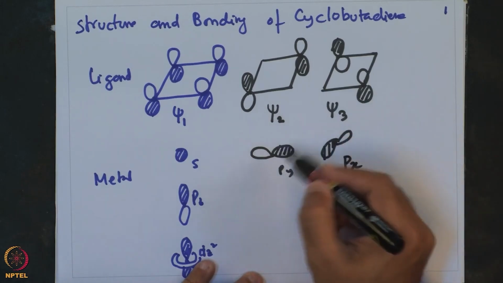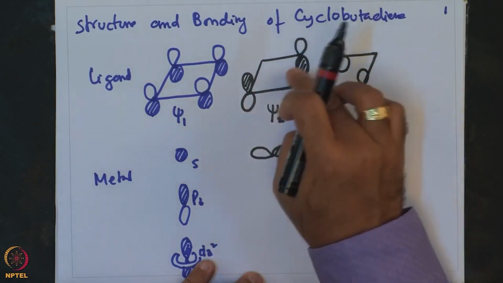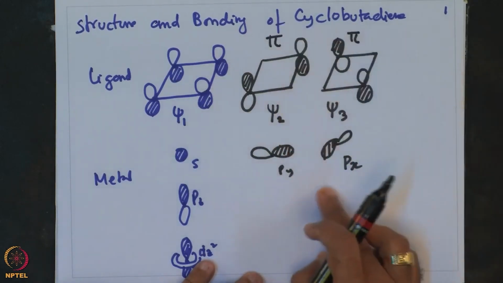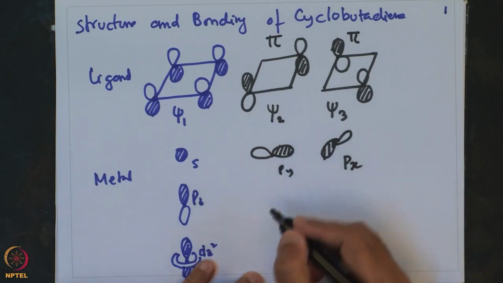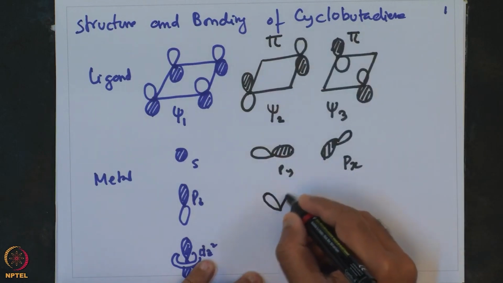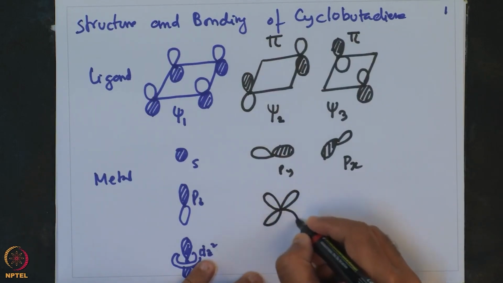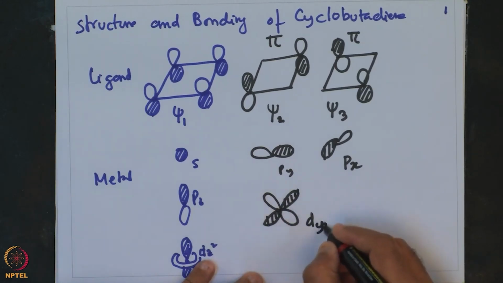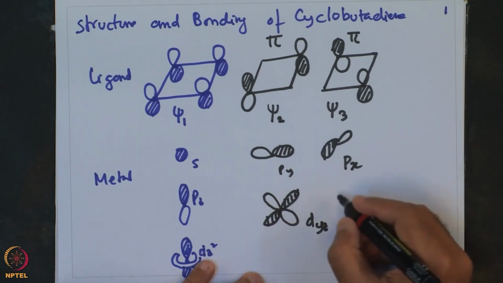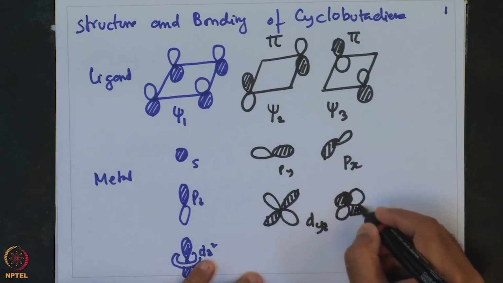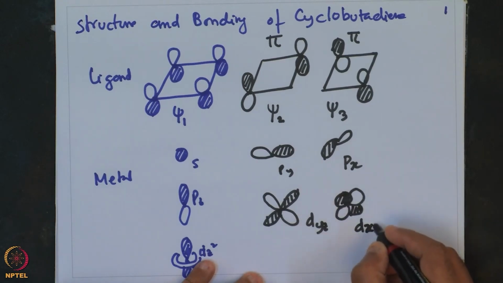Now, the orientations of this px and py are such that they form pi type overlap with the metal orbitals, and the corresponding d orbitals that interact with psi 2 are dyz and dxz.